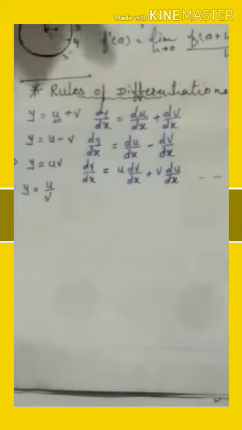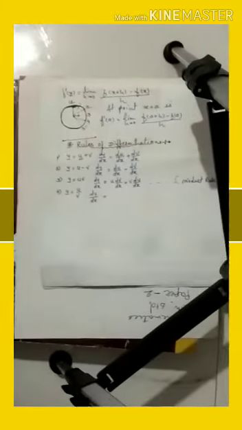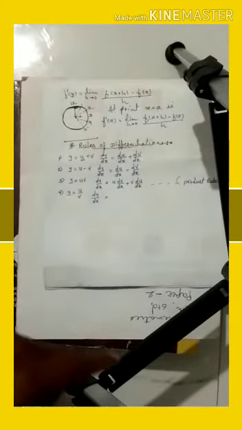If y is equal to the division of u by v, while differentiating this y with respect to x will give us the second function, or what we will say, a function which is in the denominator.